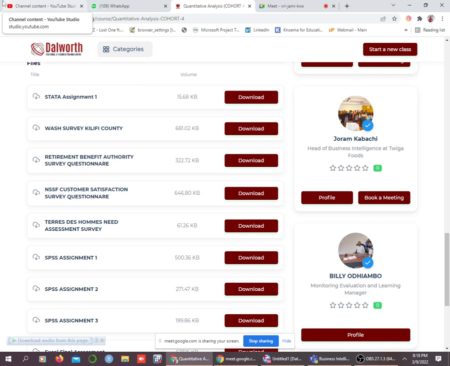The take home here is that questions will always be structured in two ways. If you have to come up with a questionnaire, you can either frame a question where the respondent has only one option to choose, or you can come up with questions where the respondent can select more than one answer.